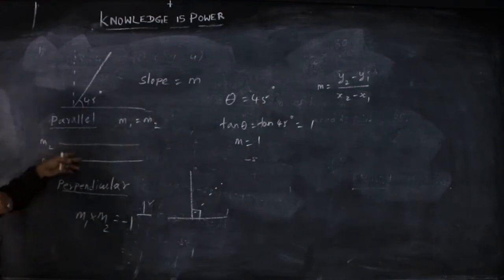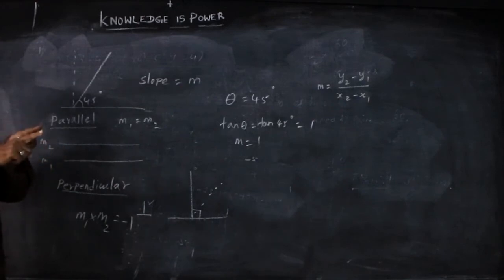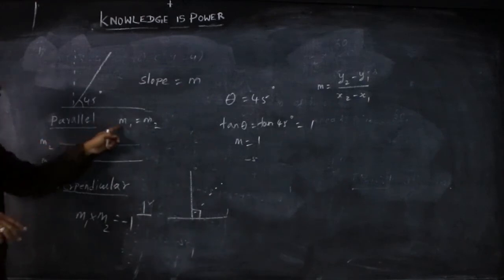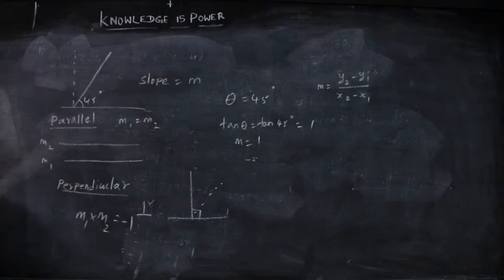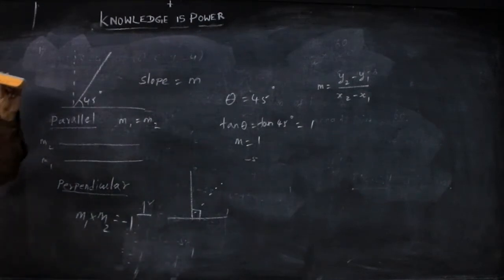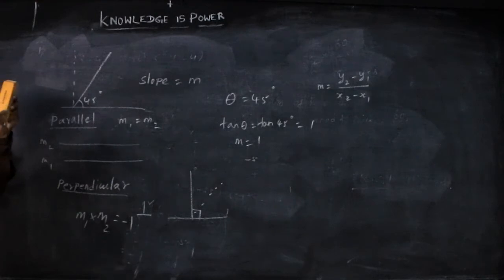In parallel lines, neither is more tilted; both are the same. So m1 is equal to m2. They are asking for the slope of these. Now this is line number 1, this is line number 2. Line number 1 and 2 have no intersection; they are parallel lines.